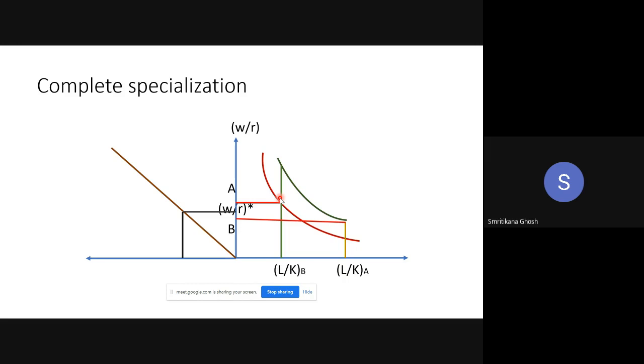It may be possible, because there is no condition that every time you will have an overlapping zone. You may not have. So here there is no overlapping zone. Now the question is, if there is no overlapping zone, will there be any trade?